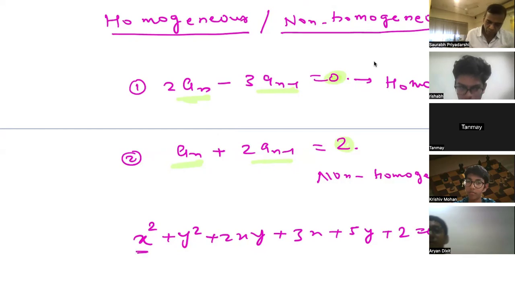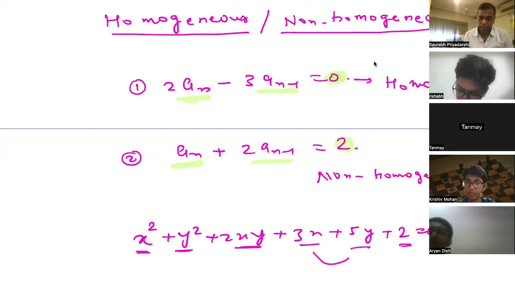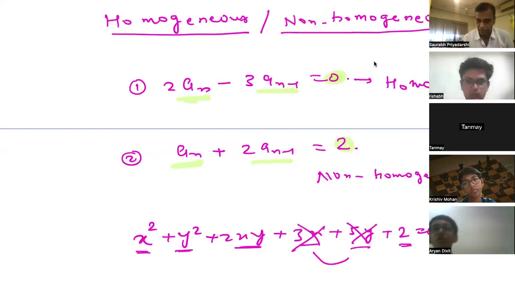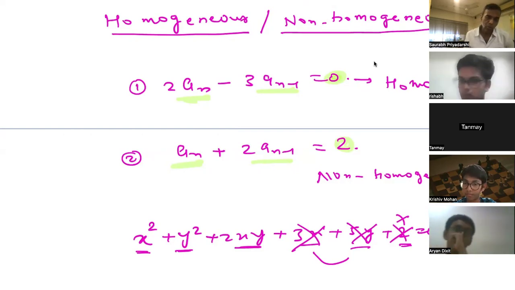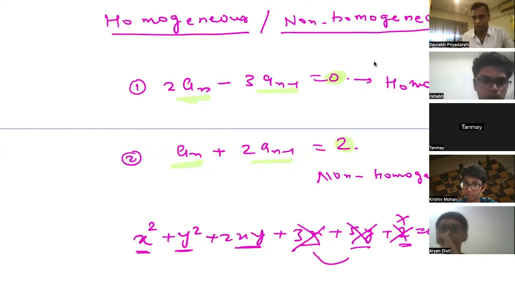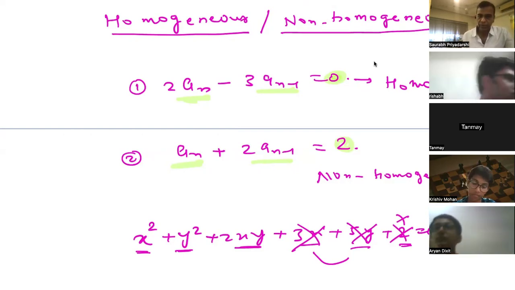These three having two, these two having one, and this having zero. If I'm not writing 3x and 5y, now is this homogeneous or not? Still not homogeneous because the constant is there. And if I'm removing this, now it will be homogeneous. So homogeneous and non-homogeneous, right?